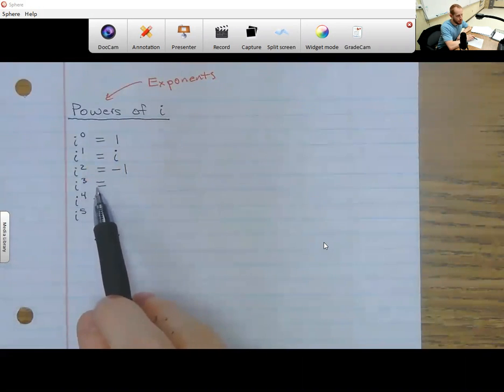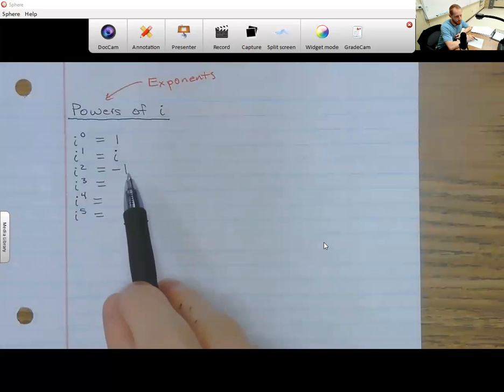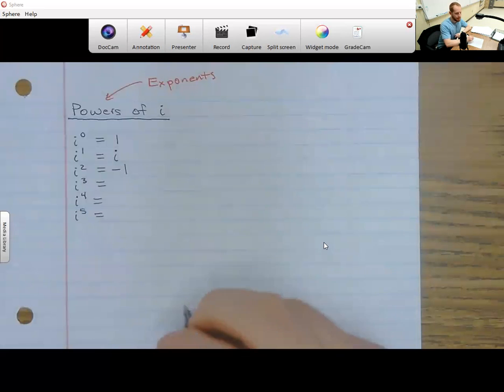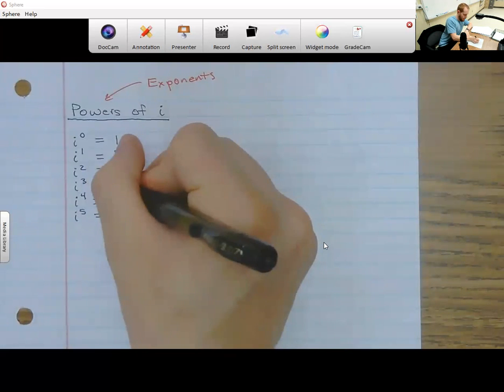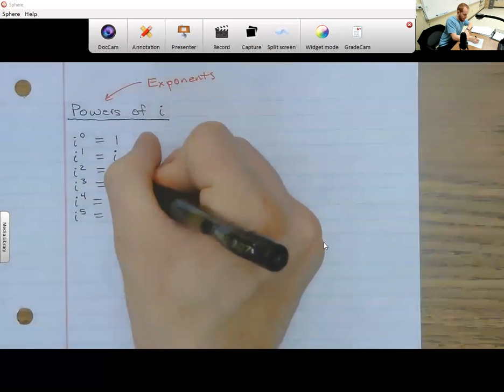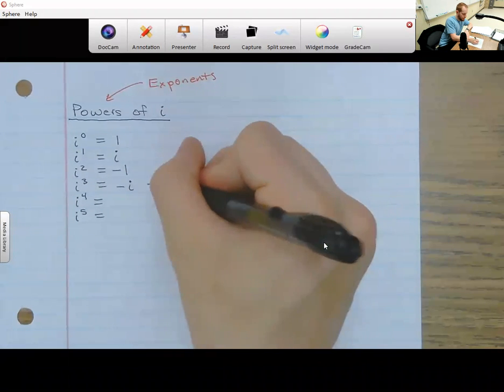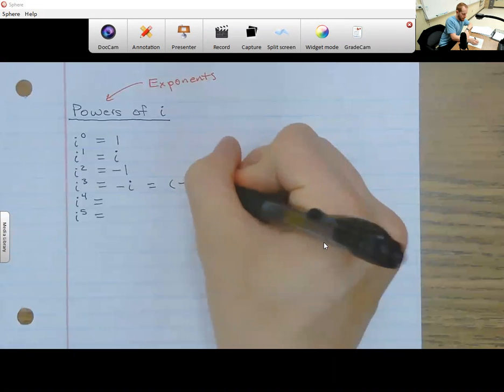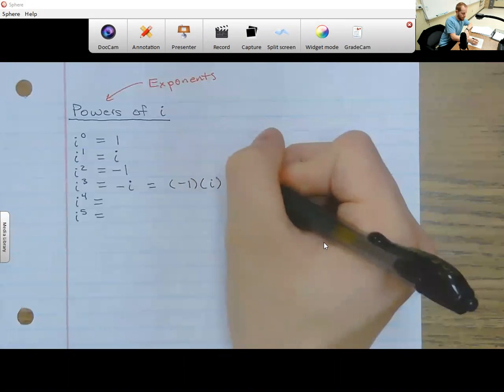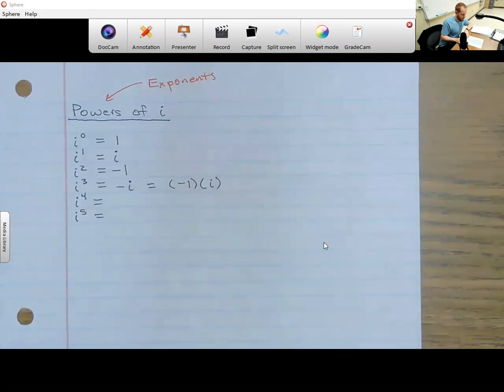Well, all I'm doing here is multiplying by i again. So what's -1 times i? That would be -i, because I'm taking our previous answer, that -1, and multiplying it by i to get -i.